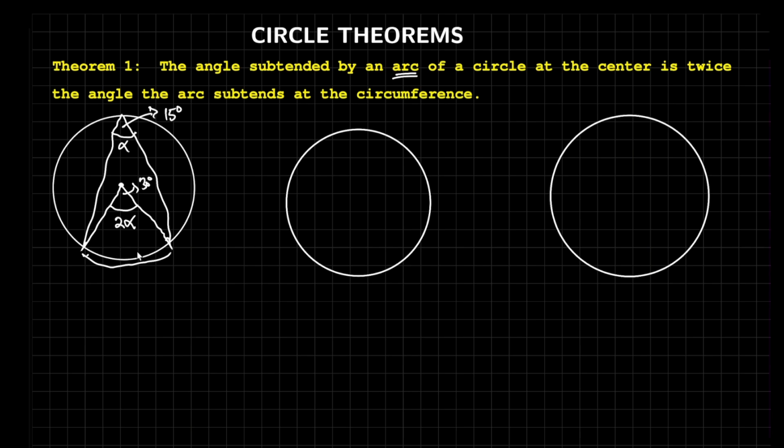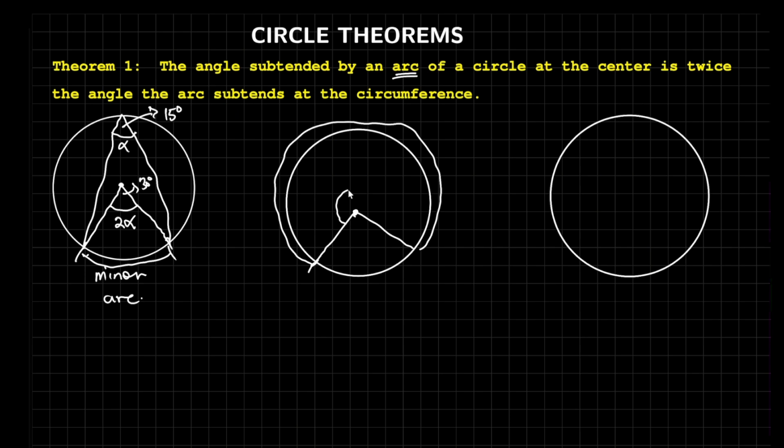Now, this is not just peculiar to minor arcs, because what we considered here is a very small portion of the circumference, which we refer to as the minor arc. What happens when you have a major arc? That is, if we consider the other part, the larger part of the circle, that is, if it runs from here all the way around to the other side, we have an angle subtended at the center.